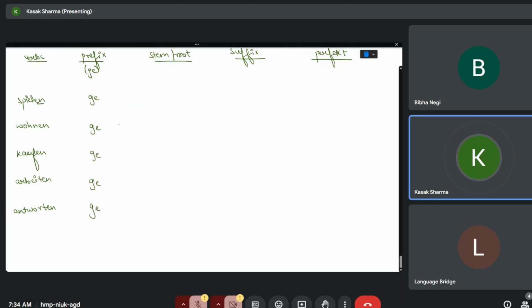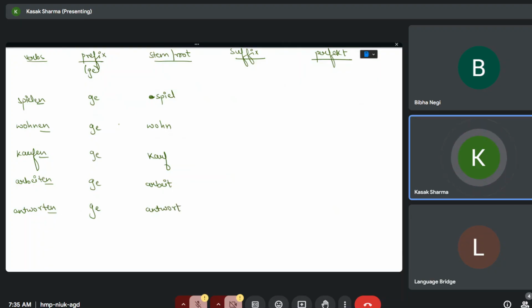Now, just removing this en from the verb and writing the stem: for spielen, it is spiel. For wohnen, it is wohn. For kaufen, it is kauf. Arbeiten is arbeit, and antworten is antwort.